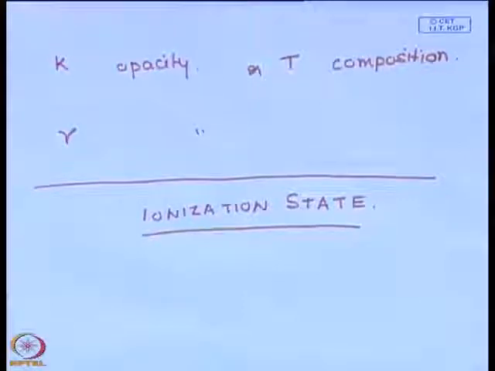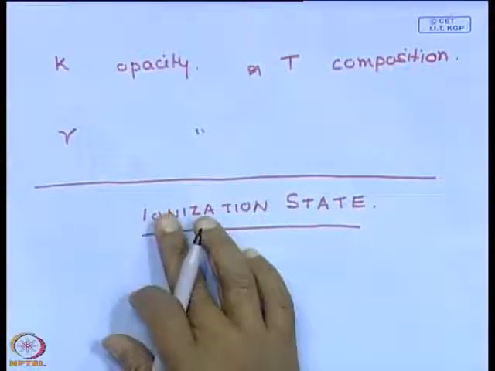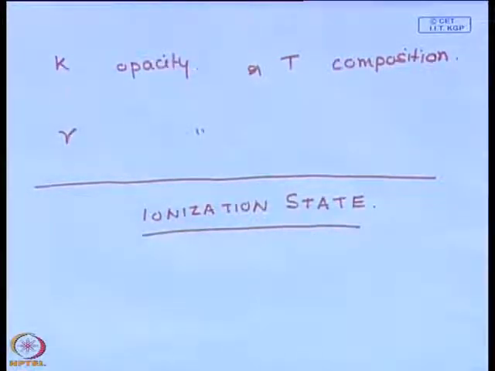It is not necessary that all the different components of a star will be equally ionized at a given temperature and pressure, right. So, one needs to solve for the ionization state of the material inside a star simultaneously with all of this, okay. And the ionization state for any species tells us the ratio of the fraction that is ionized to the neutral fraction, okay.